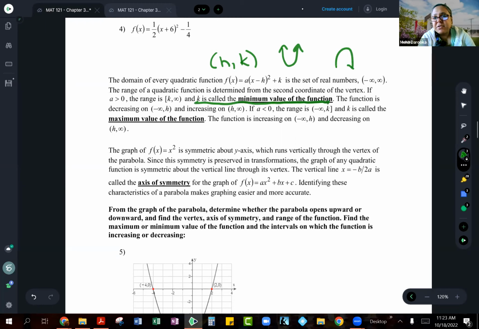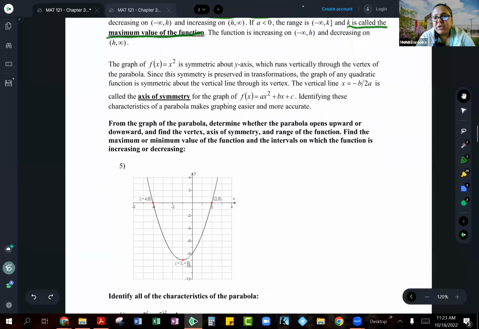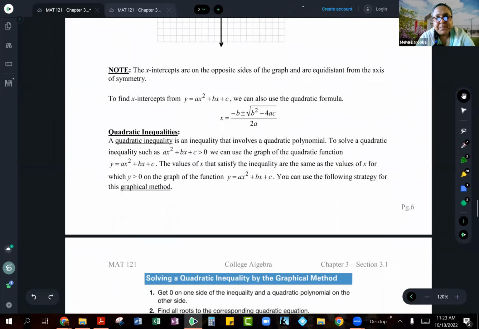If your parabola is opening downwards, then we know the k value will become your maximum value. So that's what you have to do in these applications: first we come up with our equation. And then once we have our equation, we try to find out what the vertex of the parabola is. And then from there, we find the maximum and minimum value.